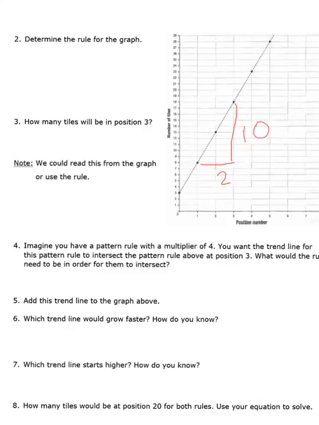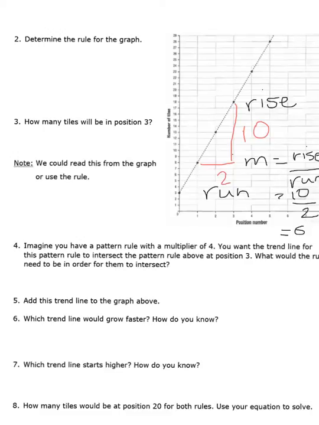Okay, so I have my rise, and remember that I called this my rise. This is my run. And we just said that we can find our multiplier by doing rise over run. So here I would take my 10 and divide it by 2, which gives me 5.